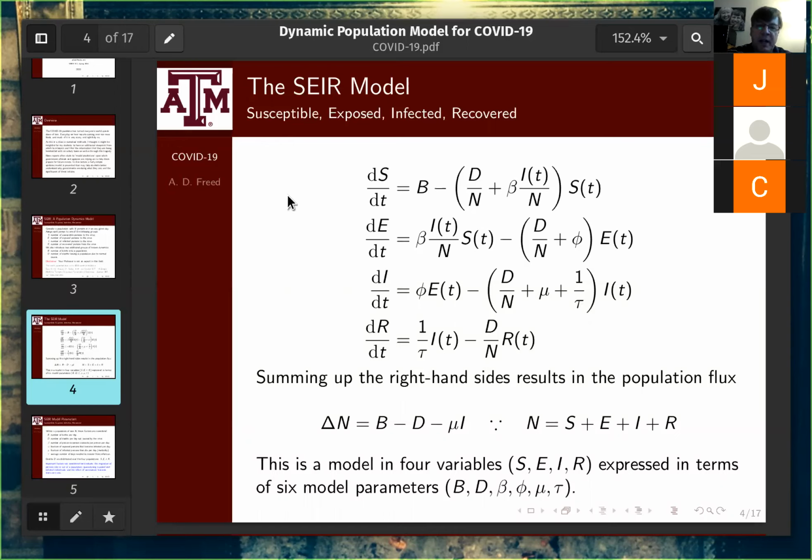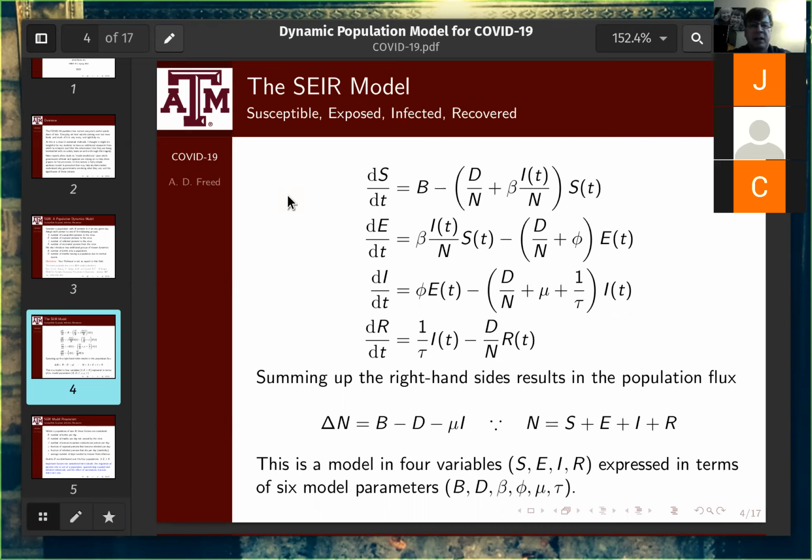In other words, you can think of it as the percentage of those people that become infected that pass away. So what is that percentage? And that percentage is mu. So mu times the number of infected are going to pass away because of the disease, and therefore they are no longer counted in the population.